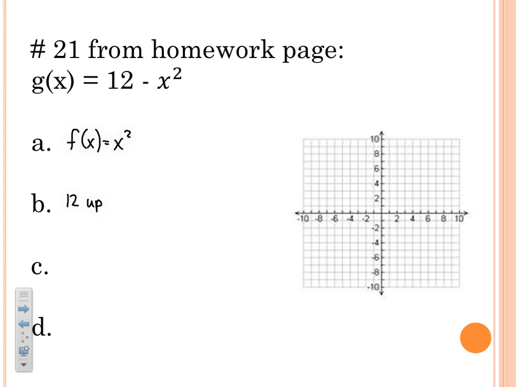And what does the negative in front of the parent function end up meaning? Okay, that means we're going to have that reflection. So the negative in front of x squared tells us that we're going to have a reflection on the x-axis.